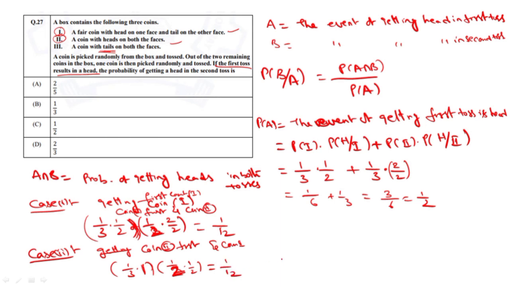So the probability of A intersection B is 1 by 12 plus 1 by 12, so this is 2 by 12, which is 1 by 6. So P of B given A is 1 by 6 divided by 1 by 2, which is 1 by 3. So this is the probability, 1 by 3.